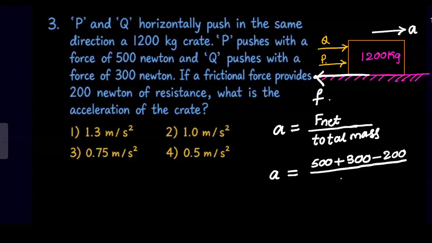By mass, how much? 1200. So find the acceleration. 5 is not an option, it is 0.5. Yes, 0.5.